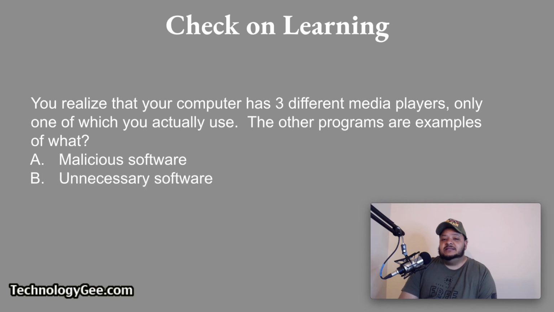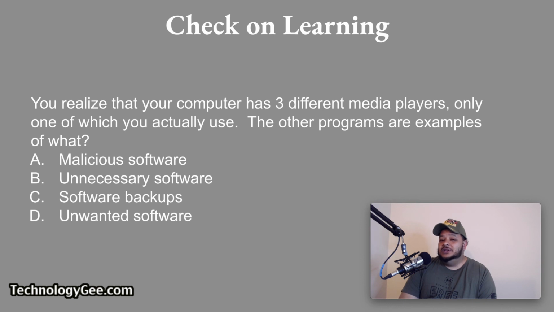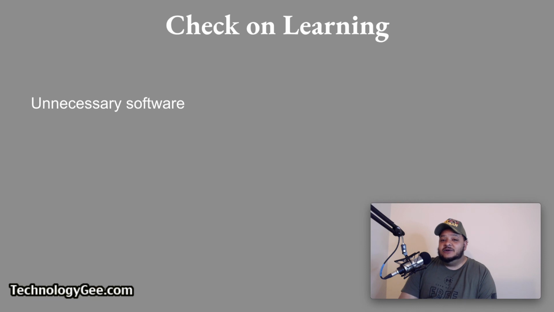Unnecessary software? Software backups? Or unwanted software? So you have three different media players, but you only use one. The correct answer would be unnecessary software. Remember, unnecessary software is just software that is essentially a duplicate of something that you already use.